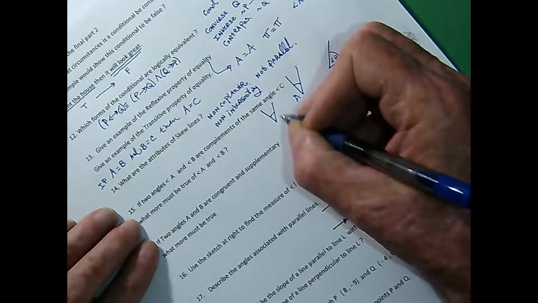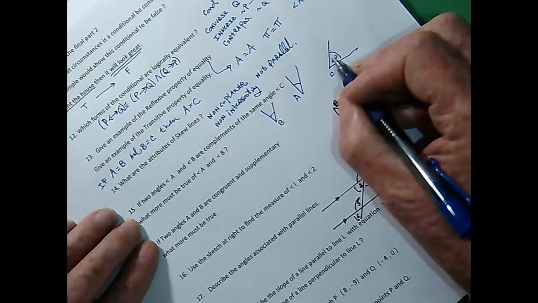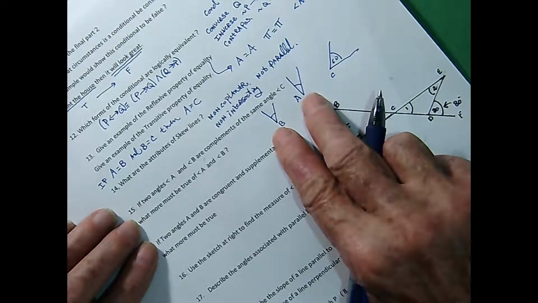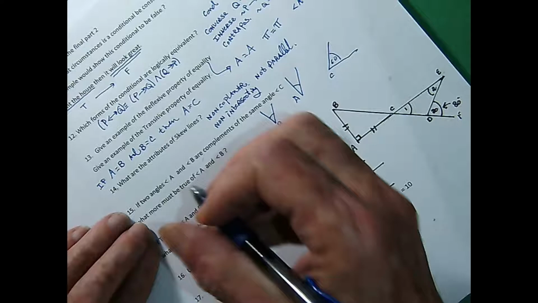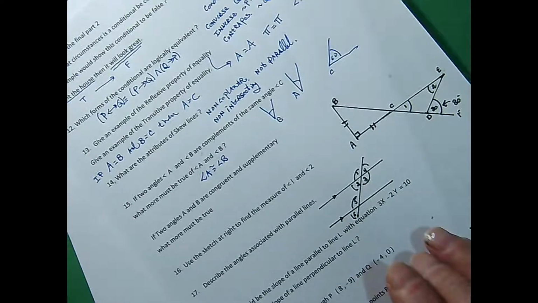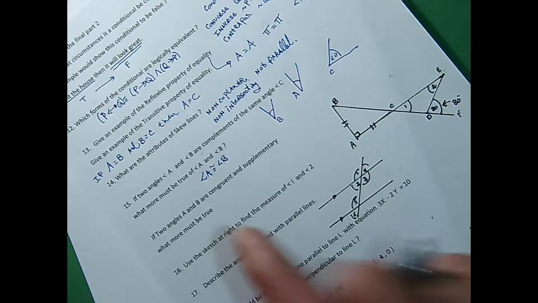What must be true about those? If these two angles are complements of the same angle, well, in this case, they'd both be 30, wouldn't they? And they would be congruent to each other. If two angles are complements of the same angle, then those two angles are congruent. Angle A is congruent with angle B. I think we can call that the congruent complements theorem.